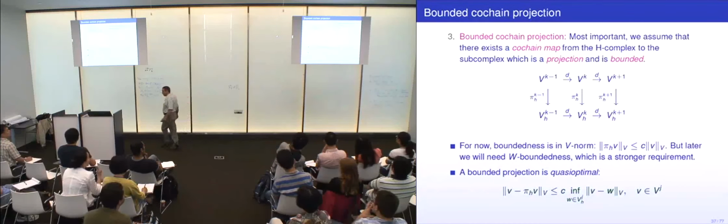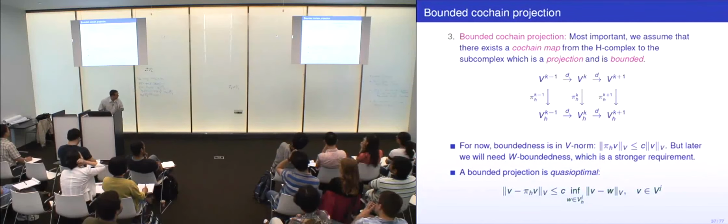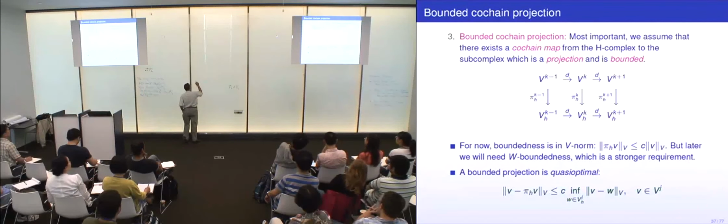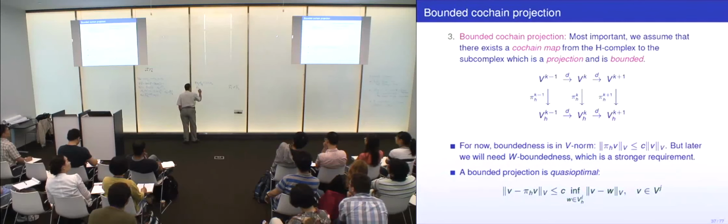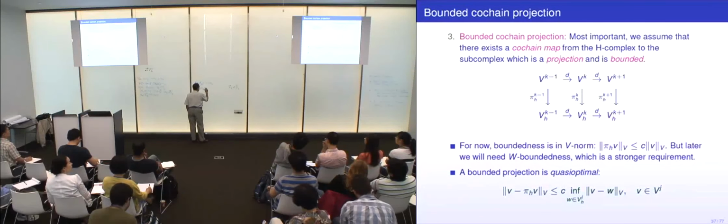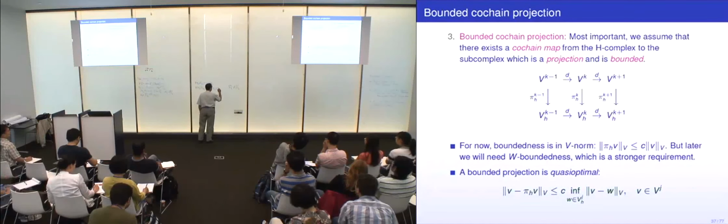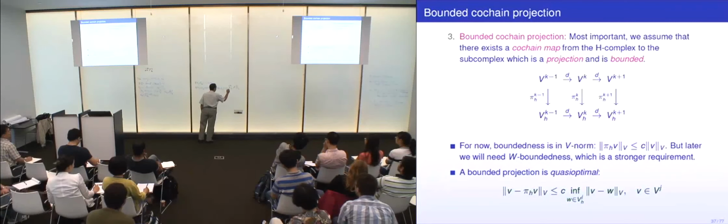The W one is a little bit harder to achieve, because if we had that property, then the norm of D pi_h v in the W norm would be equal to, because we have a cochain map, the norm of pi_h D v in the W norm, which, because pi_h is bounded in the W norm, would be less than a constant times the norm of D v in the W norm, which is less than the norm of v in the V norm.